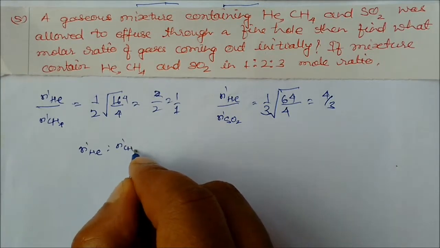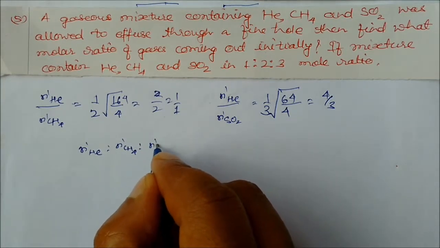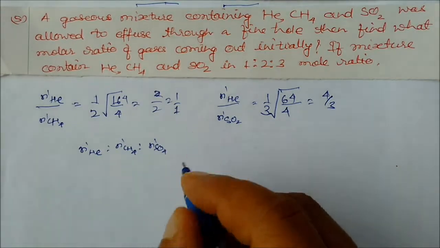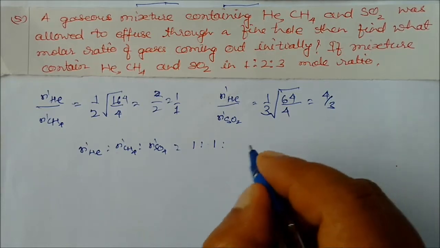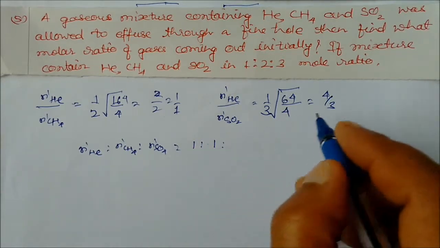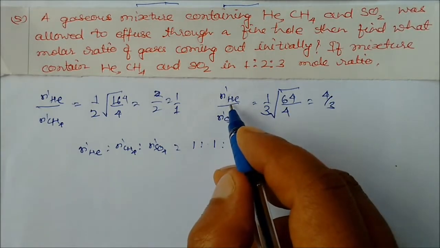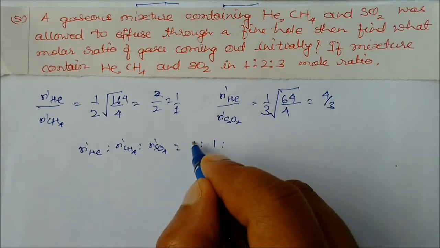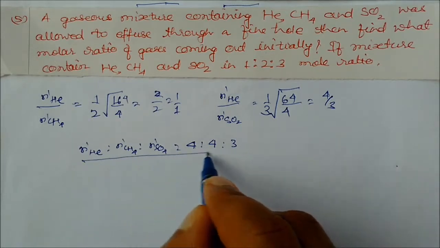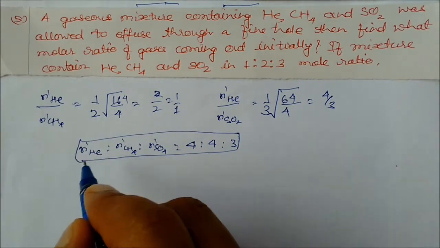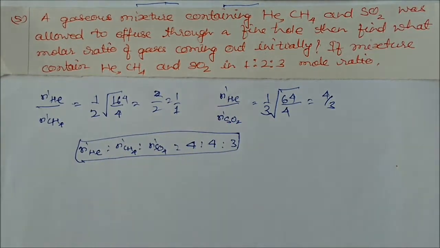Similarly methane to sulfur dioxide. So the moles of helium and methane are the same, so it will be 4, 4 and 3. So this is the ratio of these three gases coming out of the mixture.